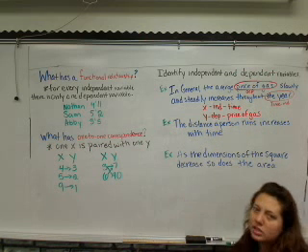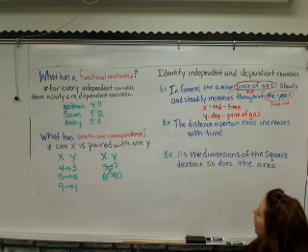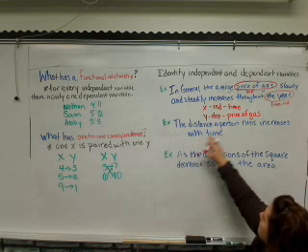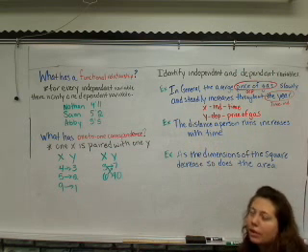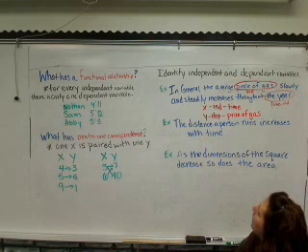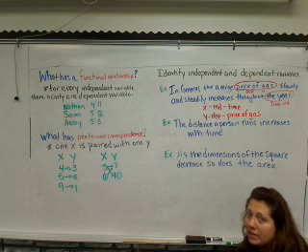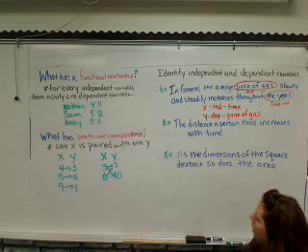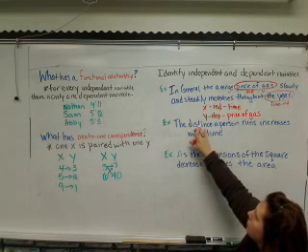Okay, so I have two examples here. I'm going to walk you through them. You can pause them and do them on your own and then check your work. The first example, the distance a person runs increases with time. We're going to ask ourselves, which one is dependent on the other? Okay, the distance is depending on the time, because if we slow down the time, the distance will slow down, okay?